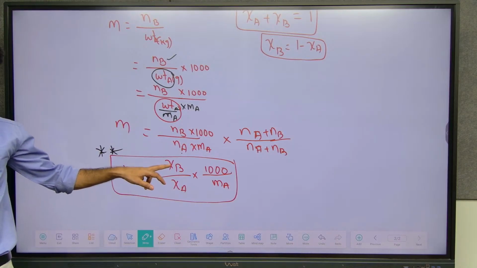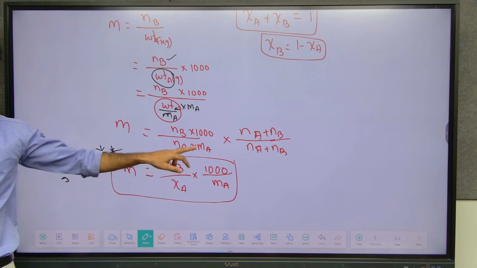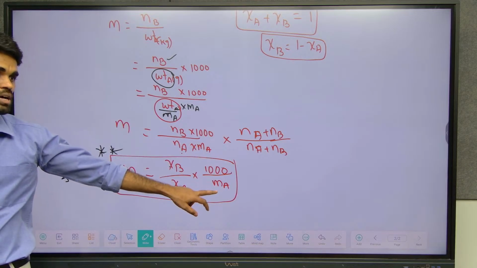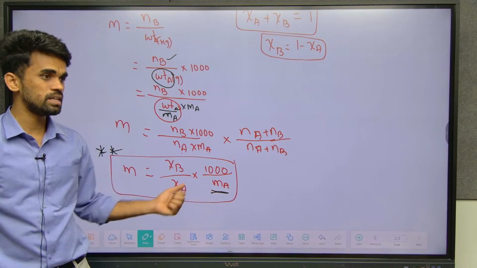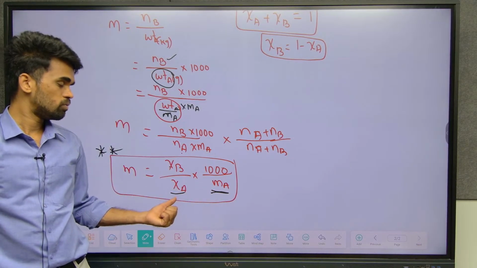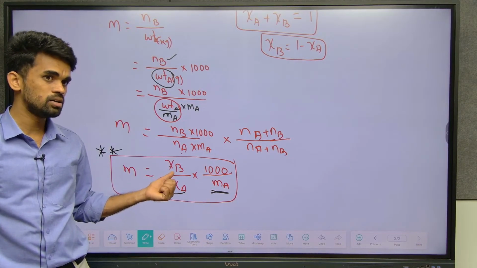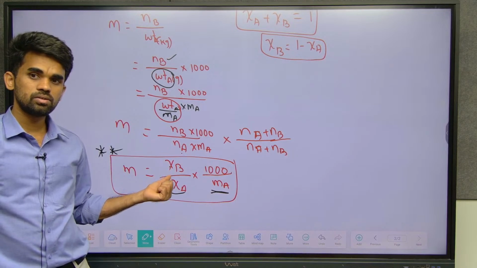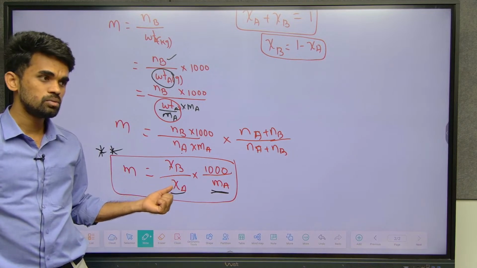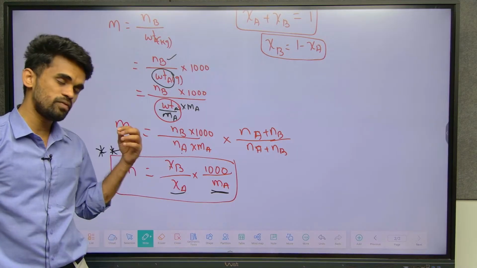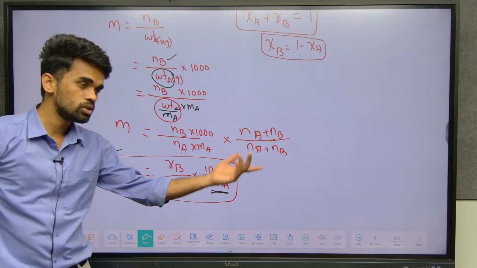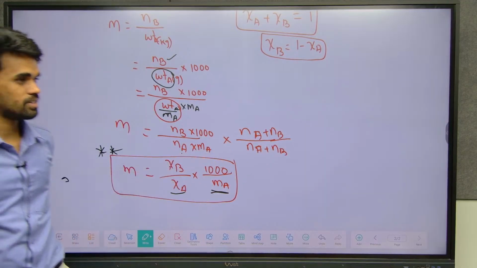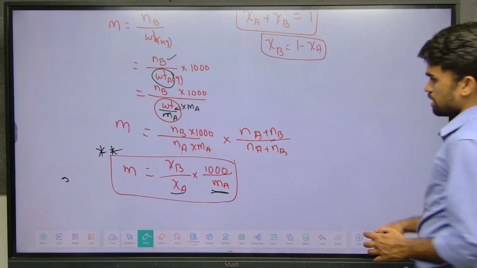Mole fraction of solute by mole fraction of solvent into 1000 by molar mass of solvent. So in the denominator, solvent only. Once again, the total formula: mole fraction of A by mole fraction of B, that is, mole fraction of solute by mole fraction of solvent, into 1000 by molar mass of solvent. Write this formula.